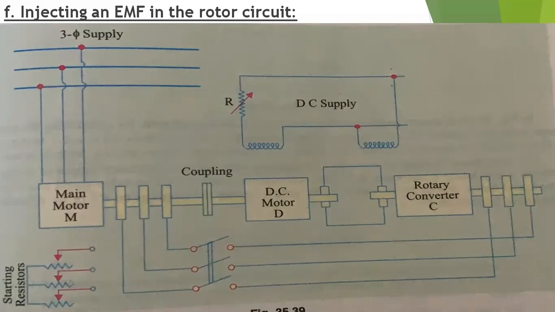So if I inject a voltage in phase opposition, the equivalent resistance increases. And if I inject the voltage in phase, that means the same phase, the equivalent resistance will decrease.